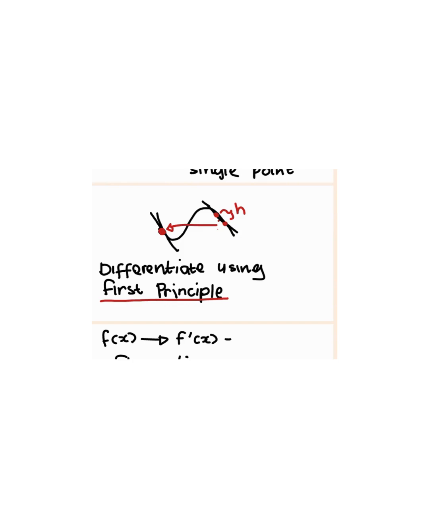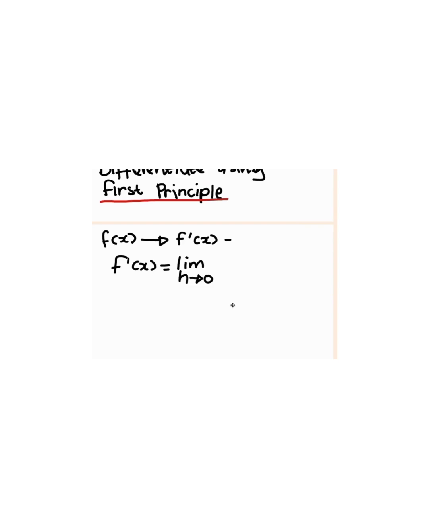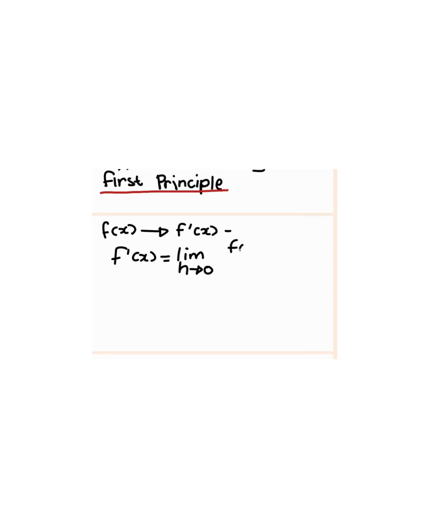When it is at 0, it means we have a tangent, and we say the equation would be f at x plus h minus f at x divided by h. This is the formula for differentiating using first principles. Every time when they say first principle, guys, you are going to use f prime x.